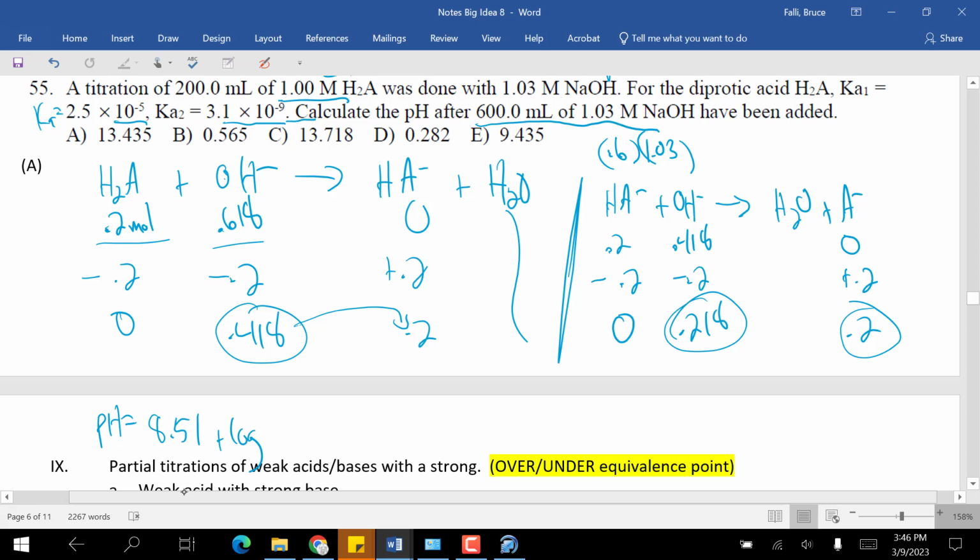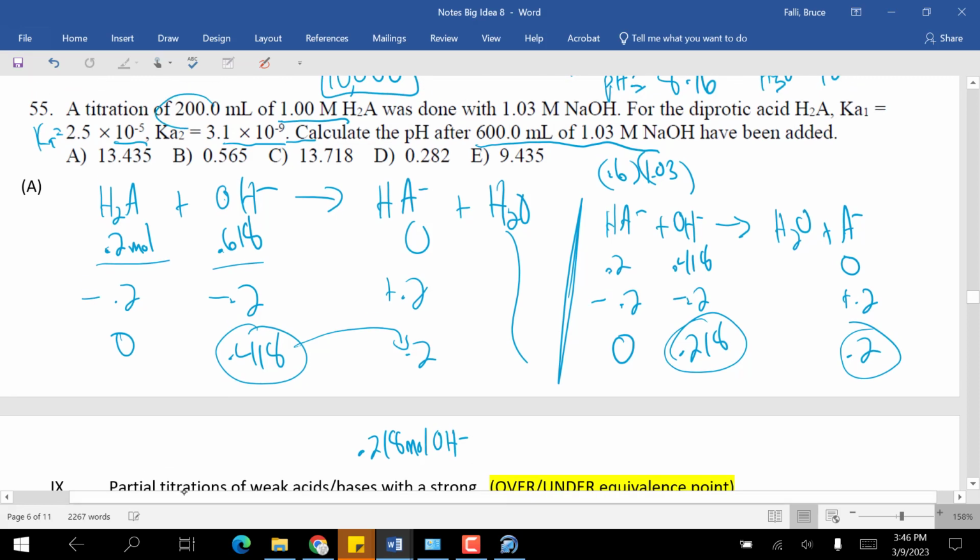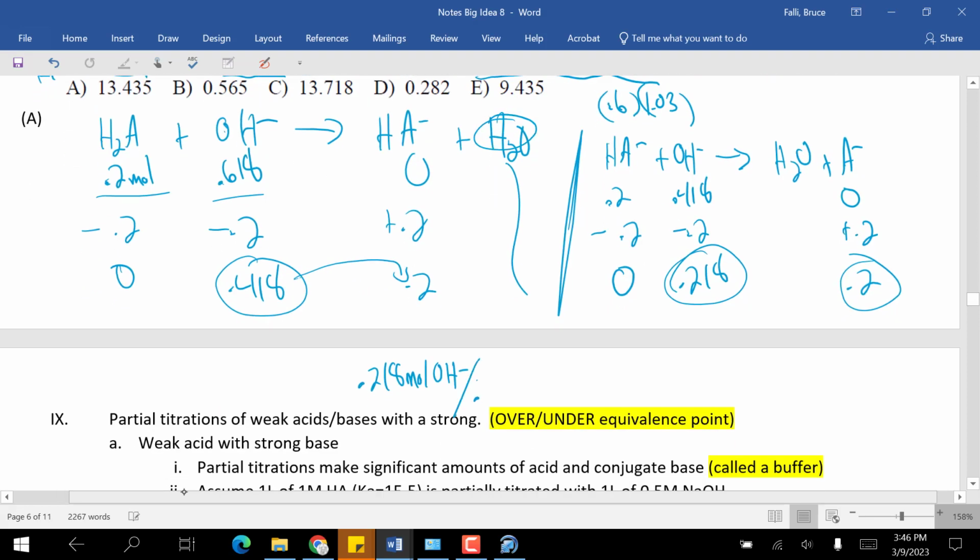Do you see how on this, I don't have a buffer system? I don't have a base and an acid. I just have hydroxide. So I have 0.218 moles of OH negative in 200 milliliters plus 600 milliliters, 0.8 liters. 0.218 divided by 0.8 equals 0.273 molar of OH negative.